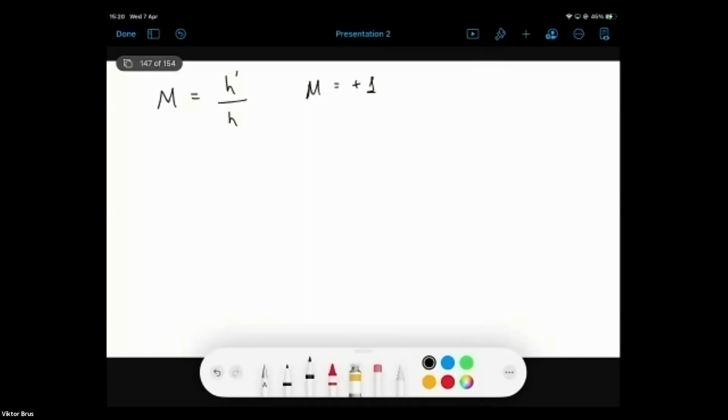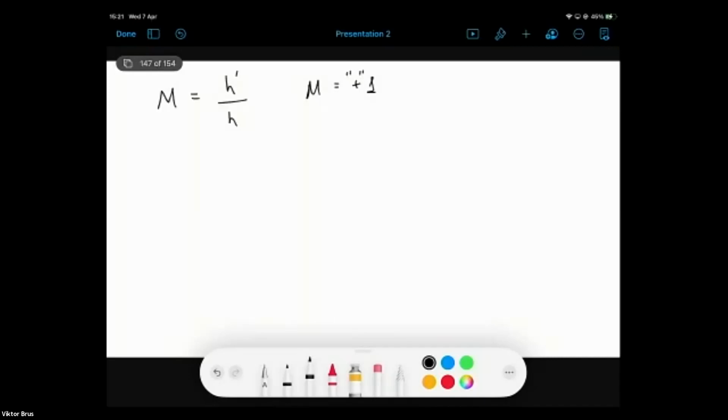So why 1? It's clear because the heights of the object and image are the same, and this plus stands for the fact that the image is upright.